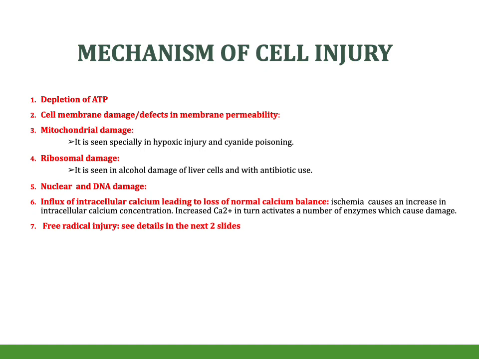Okay? Another mechanism of cellular injury is through mitochondrial damage. Again, the mitochondria has membranes, and for it to function properly, for the electron transport chain to function properly, it is reliant on the integrity of this membrane.